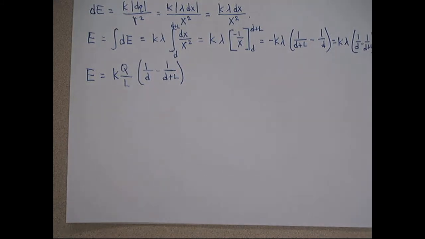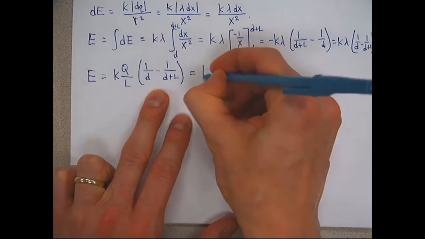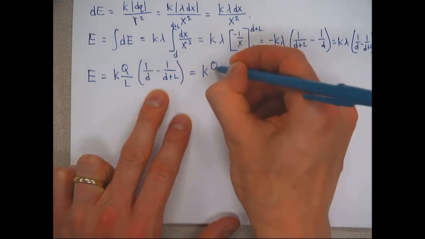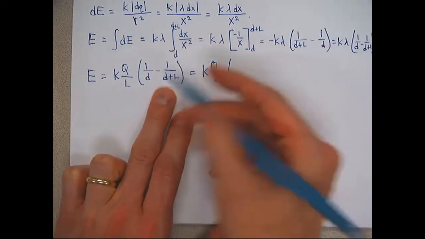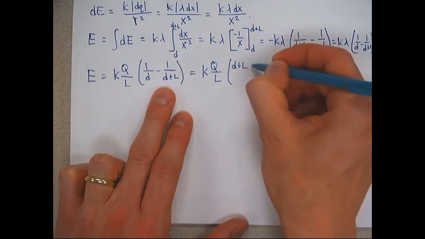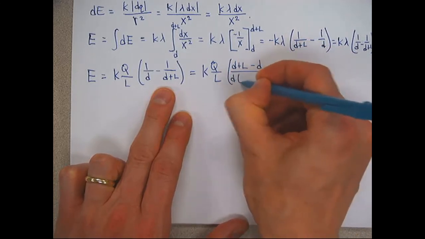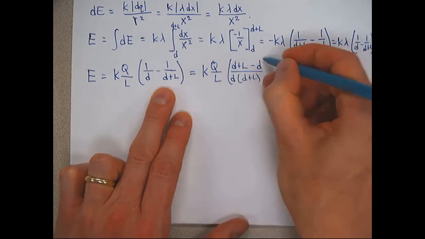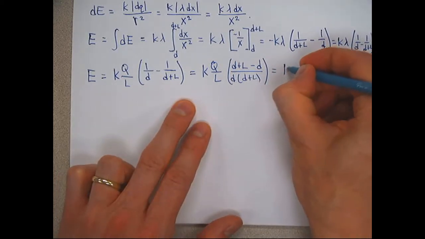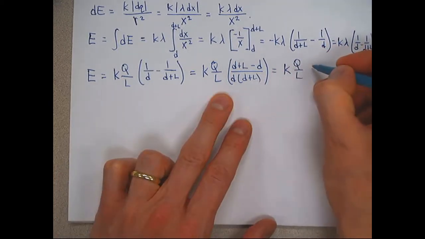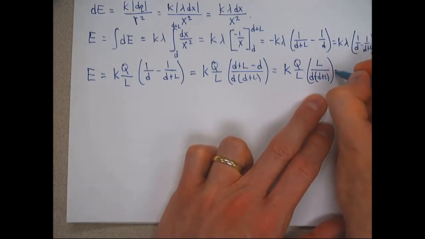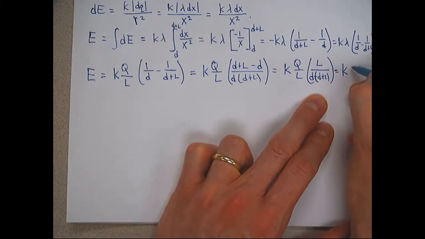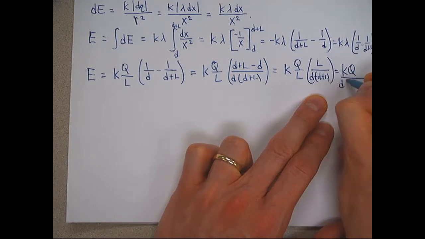Now we're going to create a common denominator, make it look a little nicer, so we have d plus L minus d divided by d times d plus L, or kq over L over d times d plus L. You see that the L's cancel out. kq divided by d times d plus L.